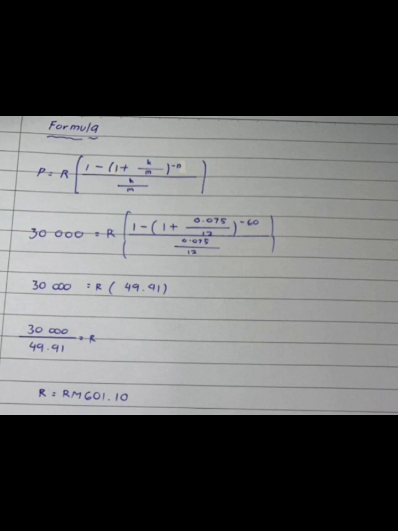The principal, it is 30,000 equal to R open bracket 1 minus open bracket 1 plus 0.075 divided by 12 close the bracket and power minus 60 divided by 0.075 divided by 12 and then close the bracket.